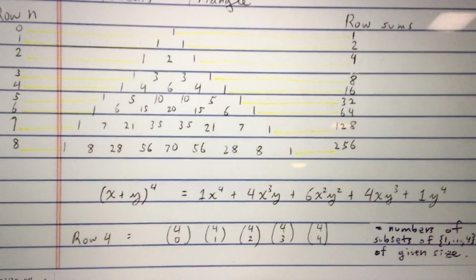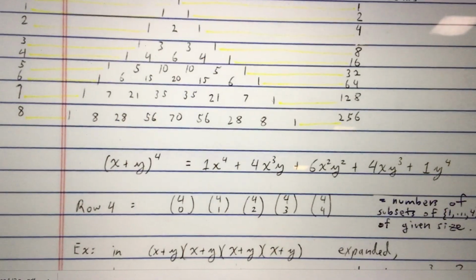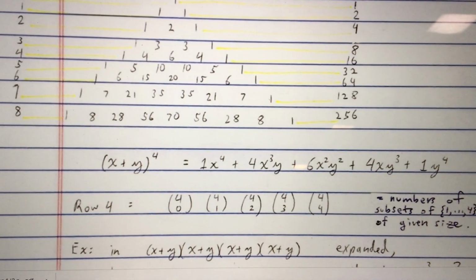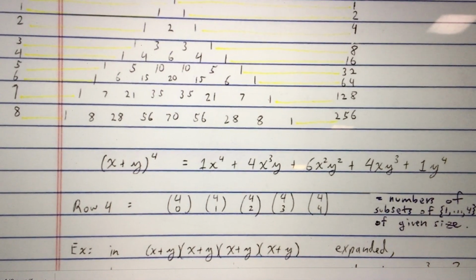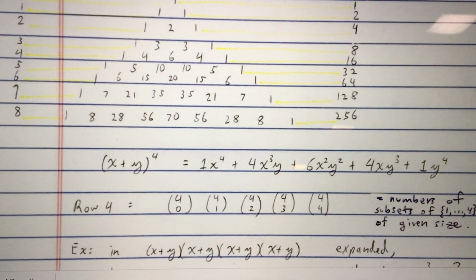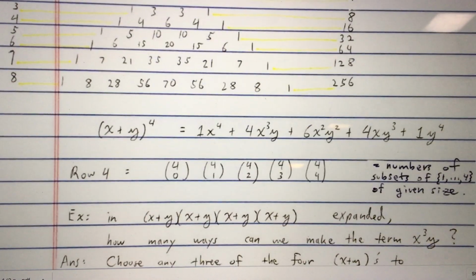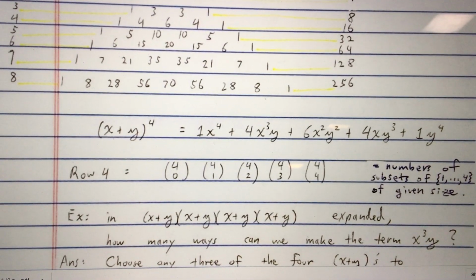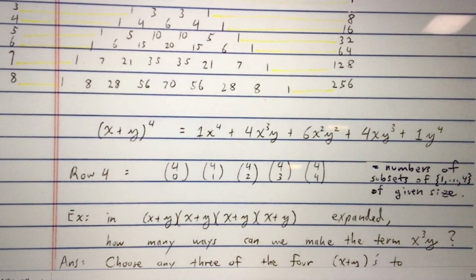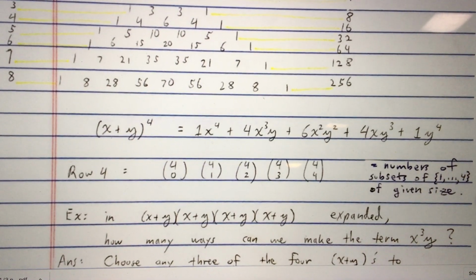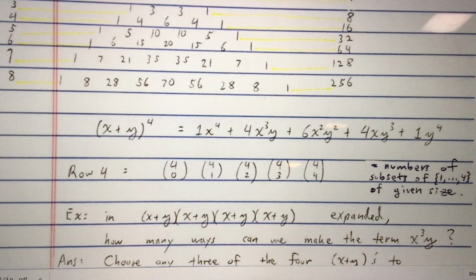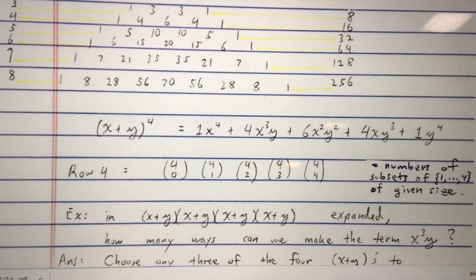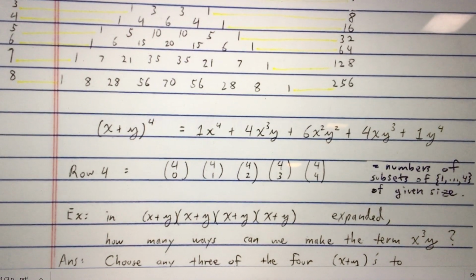To see that these give you the coefficients that are correct, we should work out that x plus y to the 4 a little bit. So x plus y to the 4 is x plus y 4 times, all multiplied together, and then expand it. And we could ask the question for any of those like terms. But for instance, how many ways can we make the term x cubed y? Because it won't just happen once, it'll happen for any 3 of the 4 x plus y's in that product.